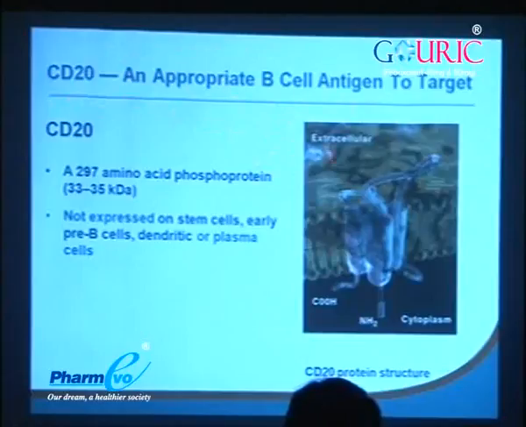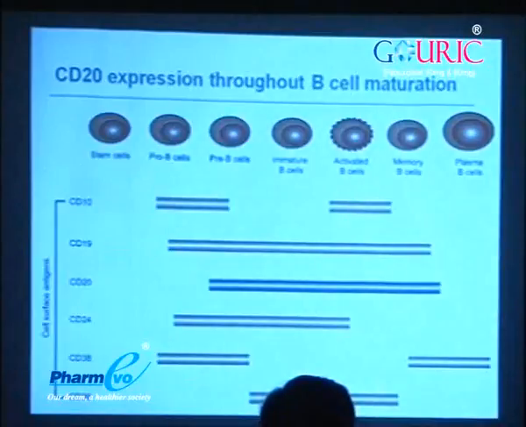CD20 is an antigen which is not expressed on the stem cells, on early pre-B cells, on dendritic cells or plasma cells. And this is very clearly shown over here, that the CD20 antigen against which this antibody is directed is not expressed on the stem cells, and it is not expressed on the plasma cells and not on the pro-B cells.